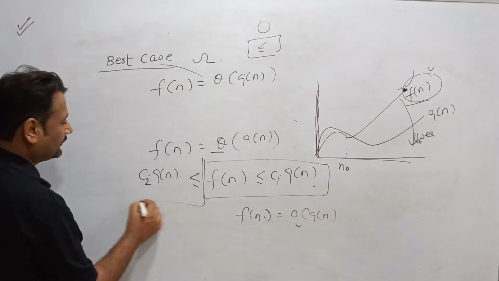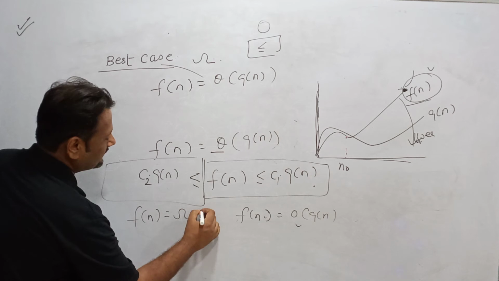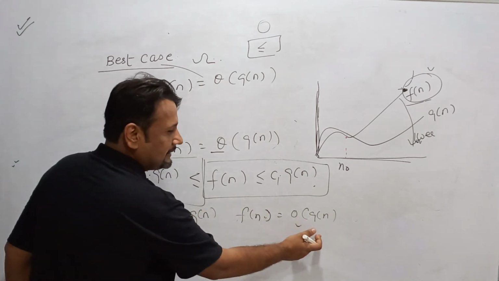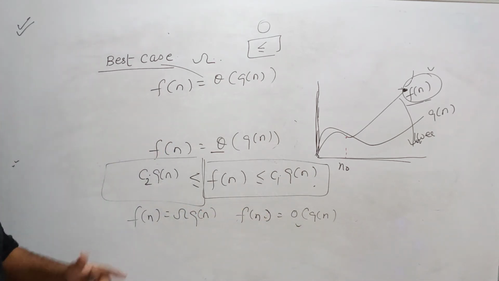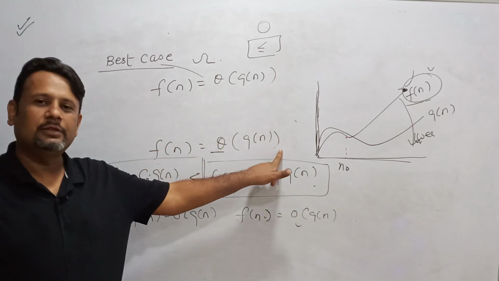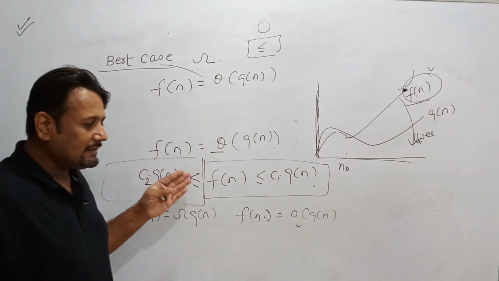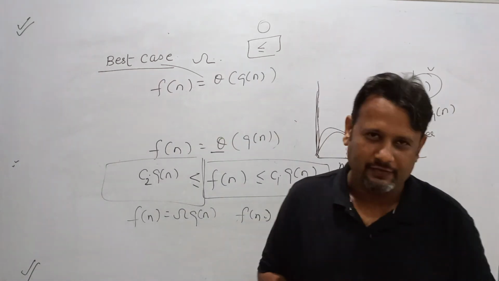And if I can prove this, f(n) is equal to omega of g of n. And if best case and worst case both are equal, then I can write one notation, theta: f(n) is equal to theta g(n). So these are three notations: worst case, best case and average case.